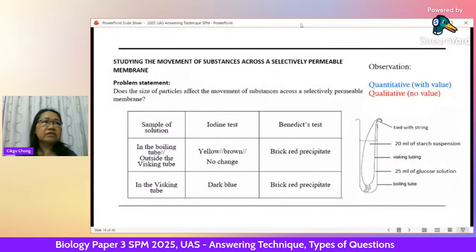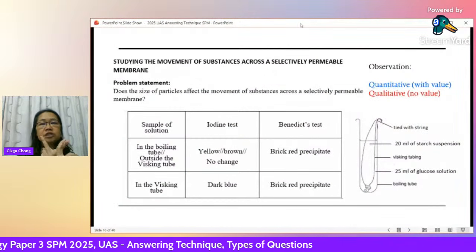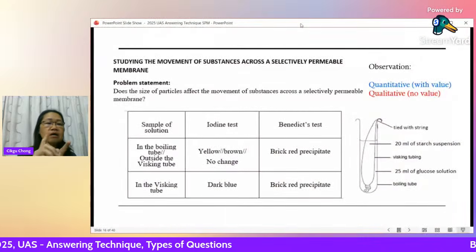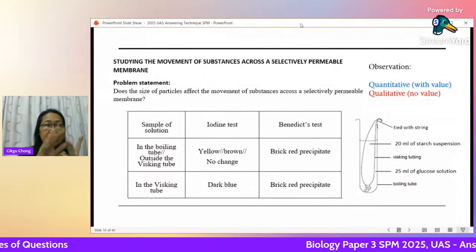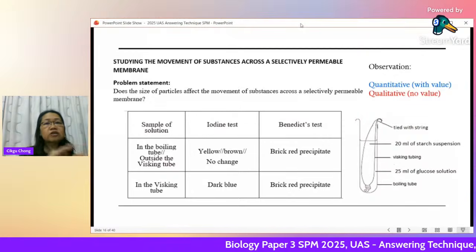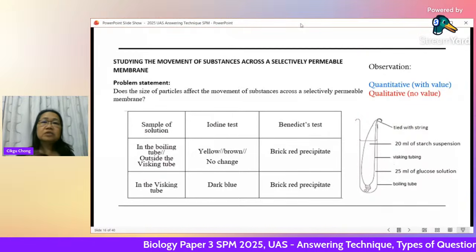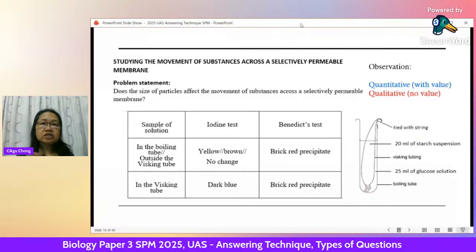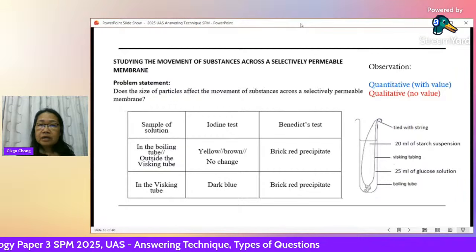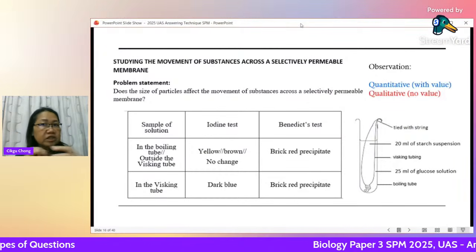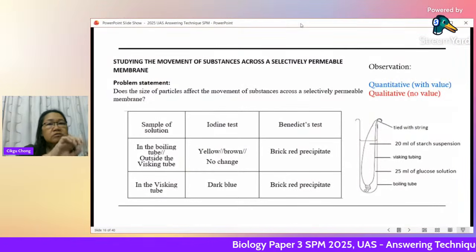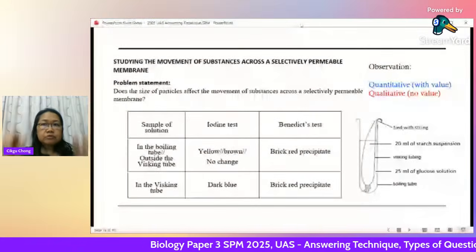You want to test the vitamin C of solution A, solution B, sample fruit A, fruit B. Then you draw the bar chart because they are not connected. Discontinuous data, you learned that in biology in your variation. If this data and this data have no correlation, no connection between these two, you can't connect the two lines. You have to put two separate bar charts.